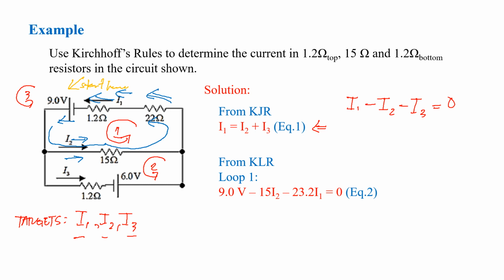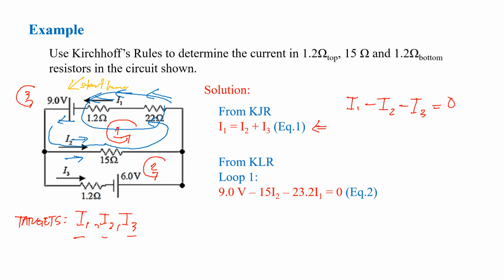And you can sum these two. These are just 2 resistors in series, which is equal to negative 23.2 ohms times your current I1 passing through your 1.2 and then your 22 ohms. That's equal to negative 23.2 I1. So this is labeled as equation 2.